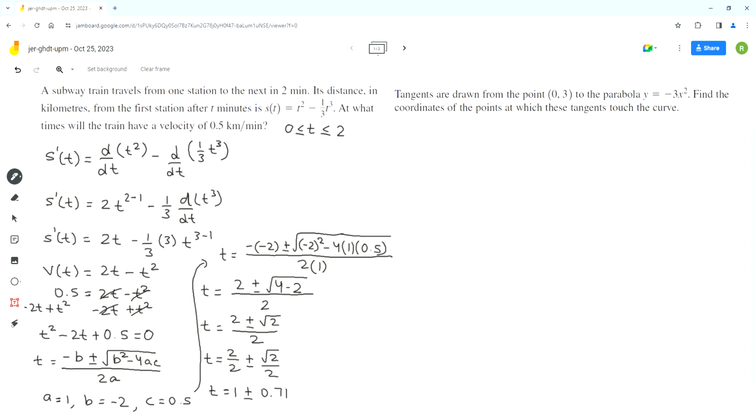Now we can break it up into two cases. The first case is the positive case, 1 plus 0.71, which is equal to 1.71 minutes, because that's the given unit of time. And then the other case is t equals 1 minus 0.71, which is equal to 0.29 minutes.